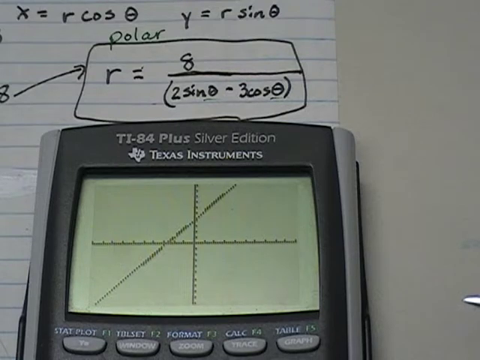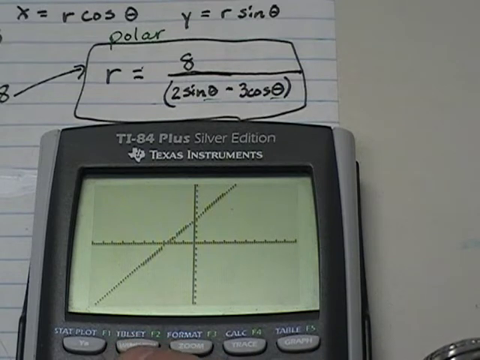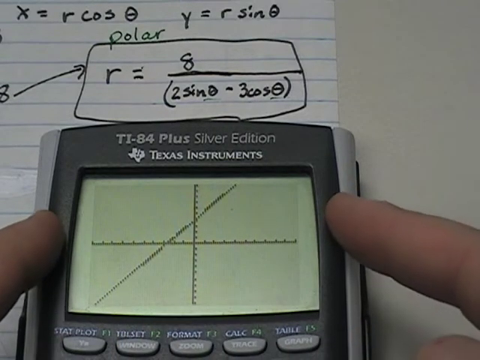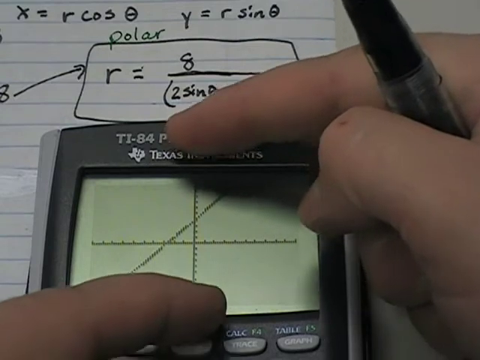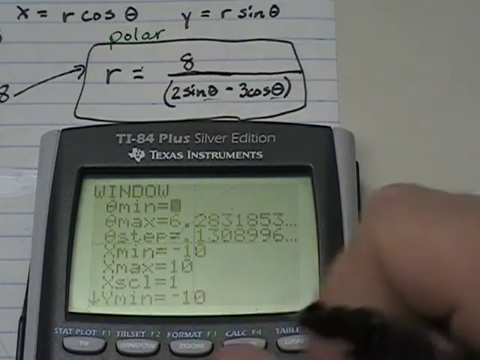So that's kind of neat to see that even though this is a completely different form, it makes the same line. The one thing I do want to mention is in polar coordinates, if you go to your window, normally in rectangular coordinates it's X minimum and X maximum, so that's the width of the screen, and Y minimum and Y maximum, that's the height of the screen.